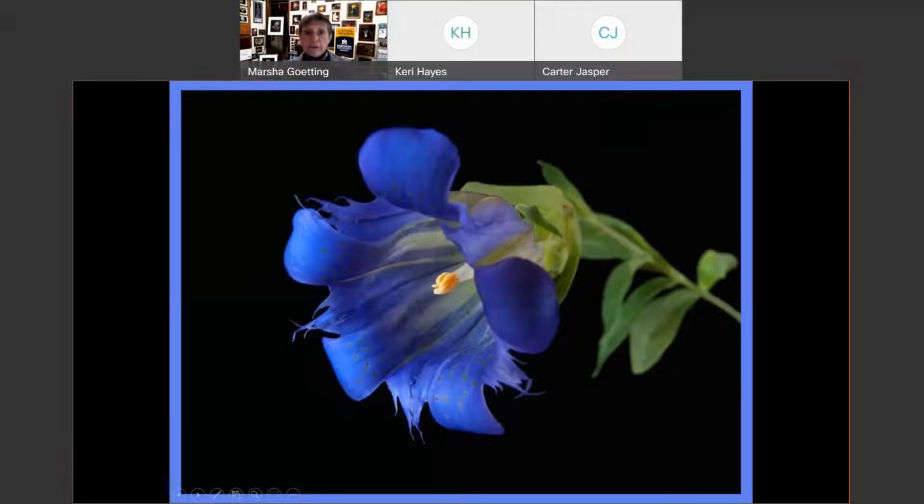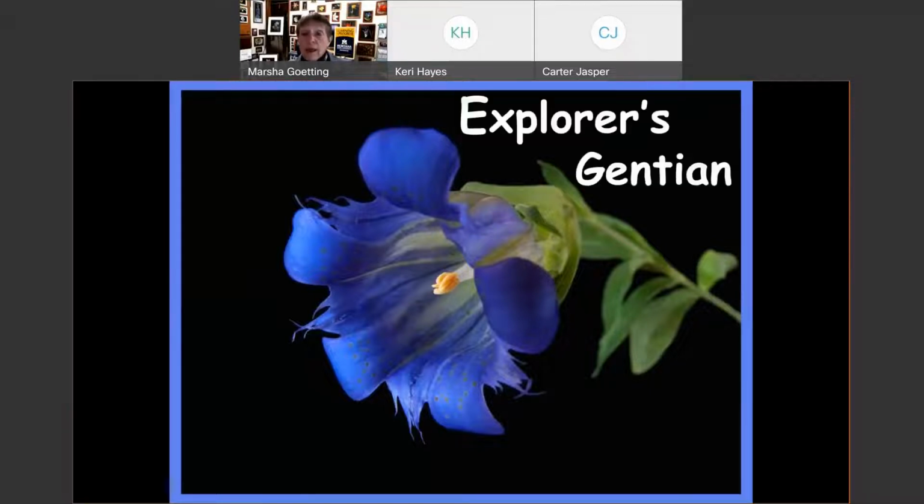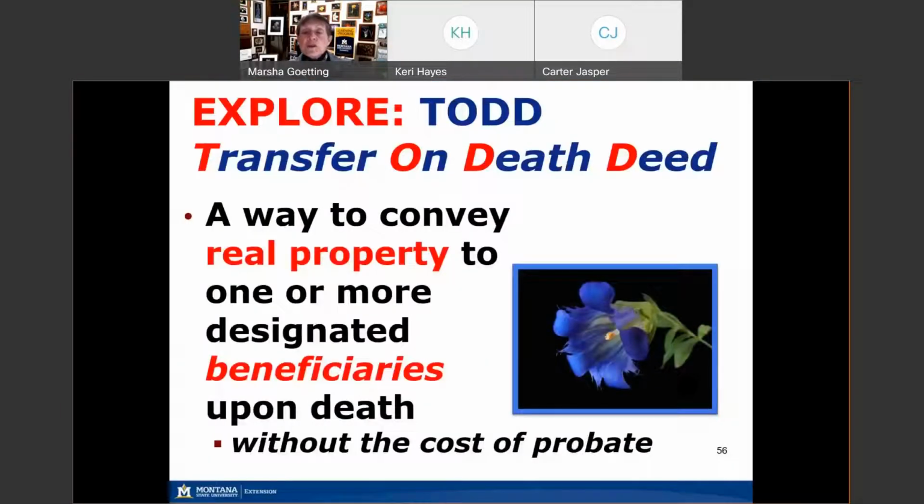Okay, we have a new flower here, and this one you'll see in August in many of our national forests as well as Glacier National Park, and it's called an explorer's gentian. And what I want to do is explore with you a new law that's been around a couple of years though, a transfer on death deed. This is a way that you can transfer real property, your home.